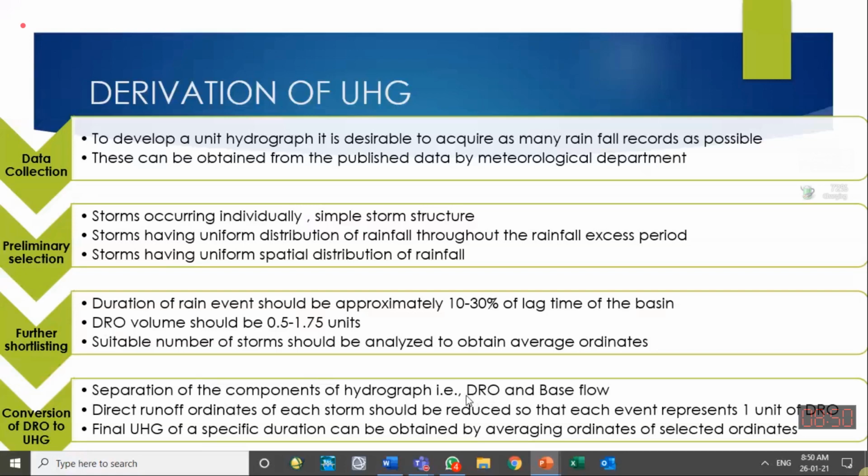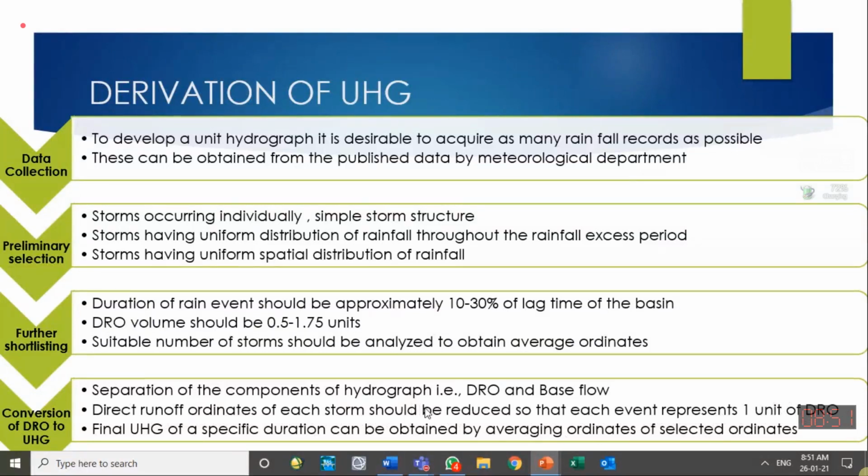Separation of the components of the hydrograph should be done. From the observed data, make a hydrograph and then separate it. DRO and base flow should be separated by the method told to you. Then the DRO ordinate of each storm should be reduced so that each event represents 1 unit of the DRO.